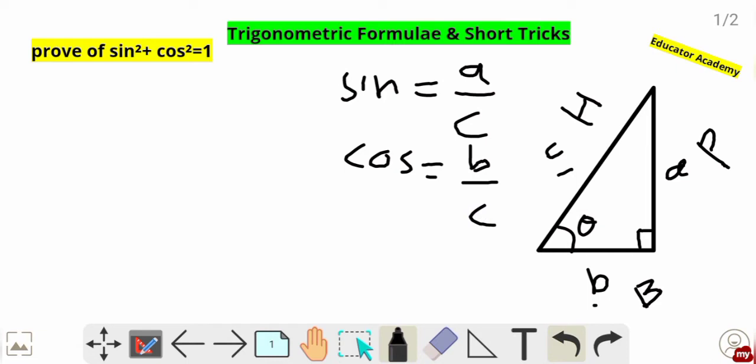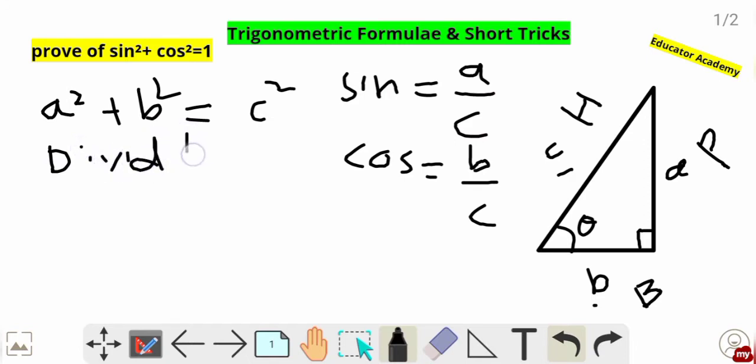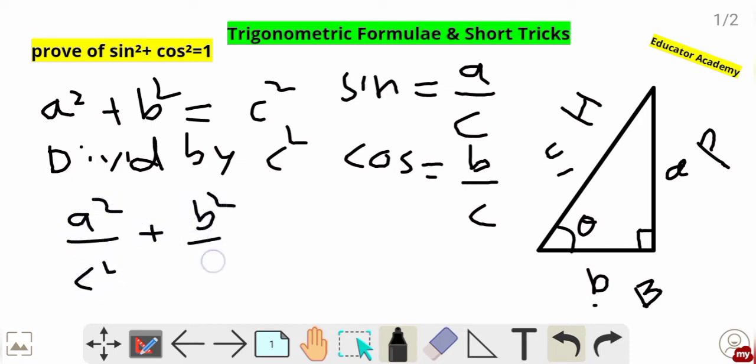So by using the Pythagoras theorem, a square plus b square is equal to c square. Dividing by c square, we get a square over c square plus b square over c square equals c square over c square.